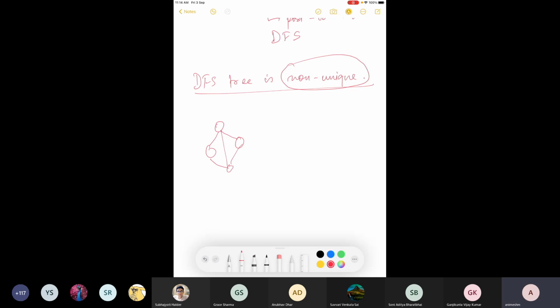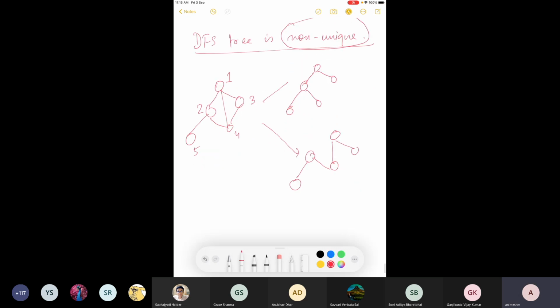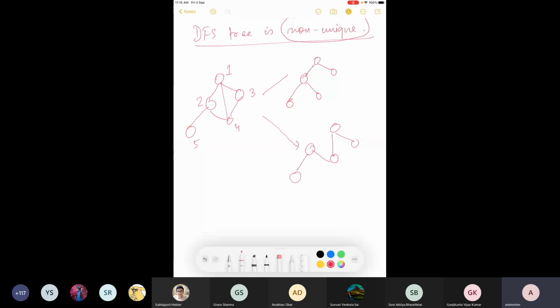You could have done it with the previous example also. I'm drawing a smaller one so that I can do it quickly. So for this one, you can have one DFS tree like this, another DFS tree like this. So many such DFS trees are possible given a graph.